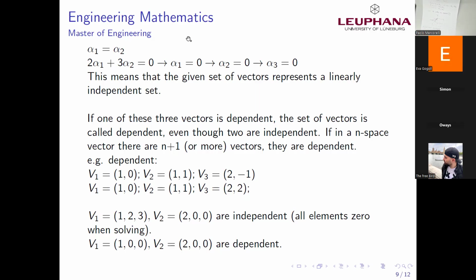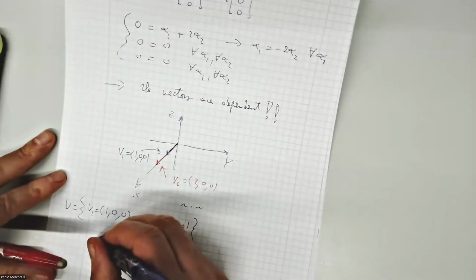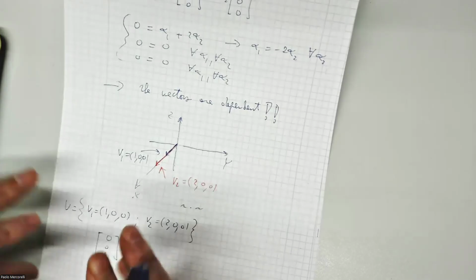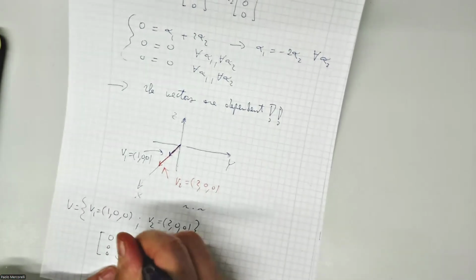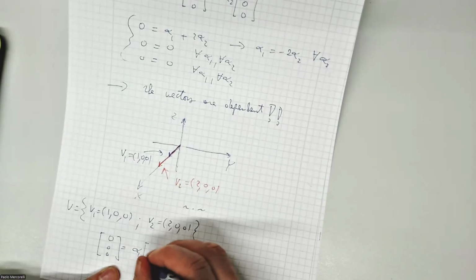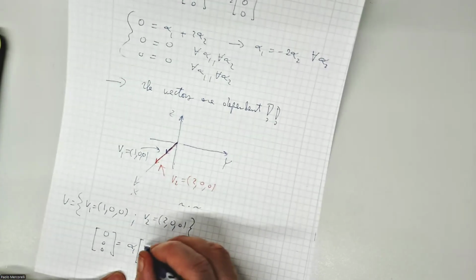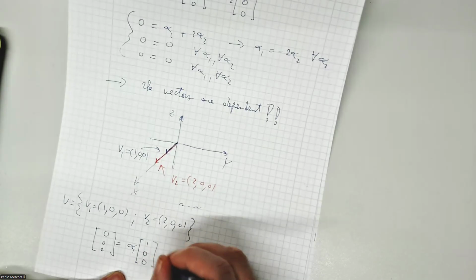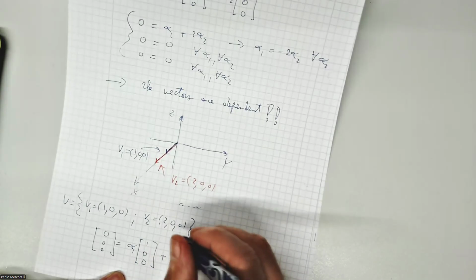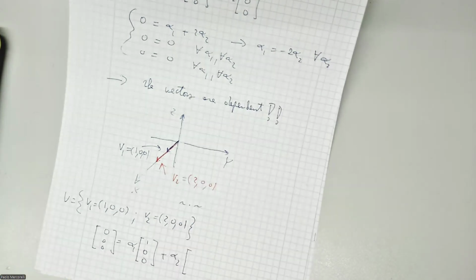Okay. Why can I directly say that these two vectors are independent? Because, look, it's easy. Oh, I copied the same. I'm so stupid.